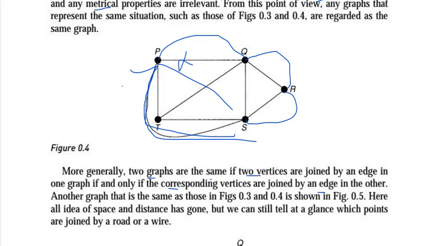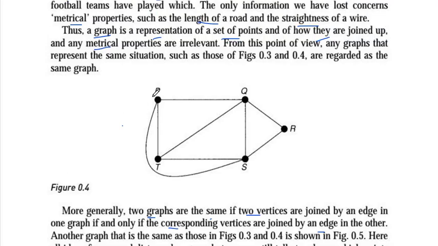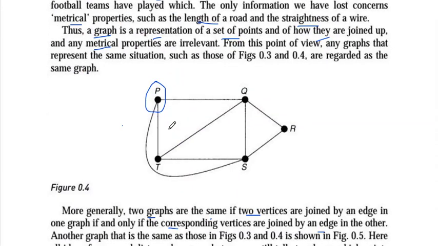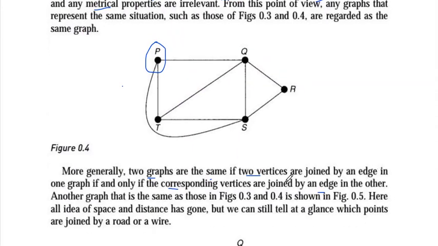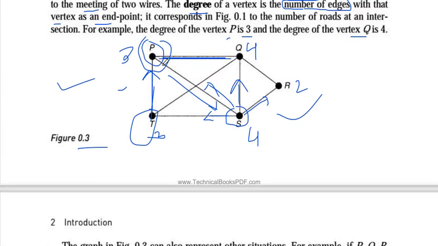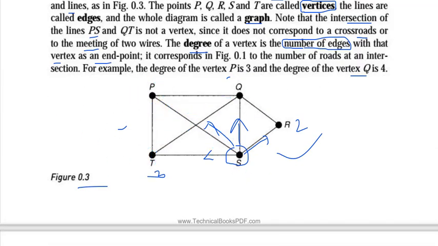What this says is that if in two graphs the same 2 vertices, here P and here also P, are joined by an edge. Here they are joined by the PQ edge, PT edge, and PS edge. How many edges are joined with P?